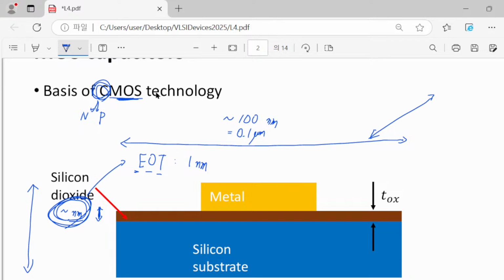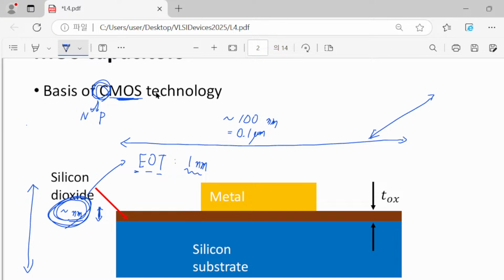The real physical thickness is a lot thicker than this EOT value, because nowadays we are using high-K material. Although its thickness is much thicker than pure oxide, we can get an equivalent oxide thickness much shorter, like this 1 nanometer.